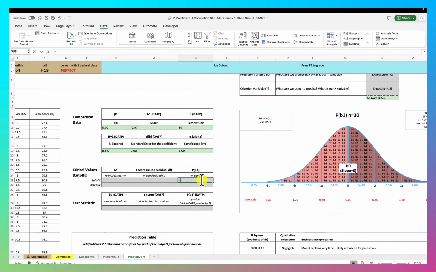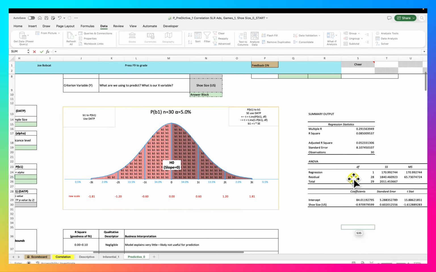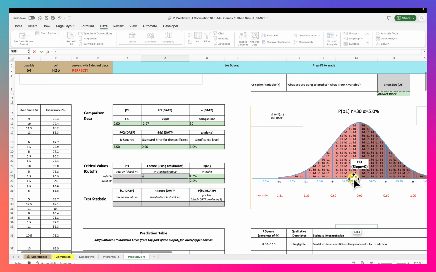Okay. So we take the alpha and we split it. And the t-score, instead of calculating it, we're going to pick it up from the data analysis toolpack. Well, actually, we are going to calculate it, but using the residual degrees of freedom.